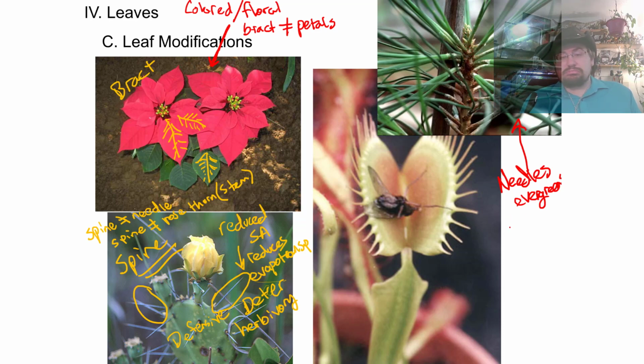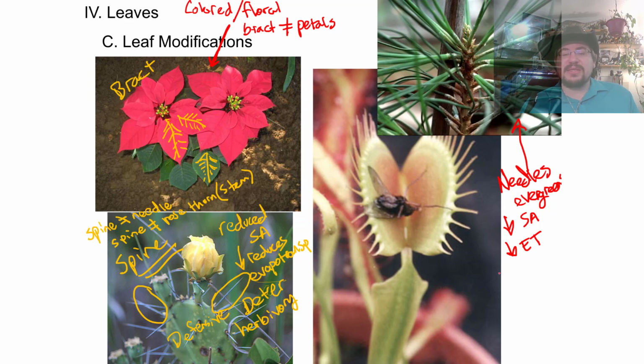Now, they are modified leaves, and they are extremely small, so we reduce surface area, and that reduces evapotranspiration, right?